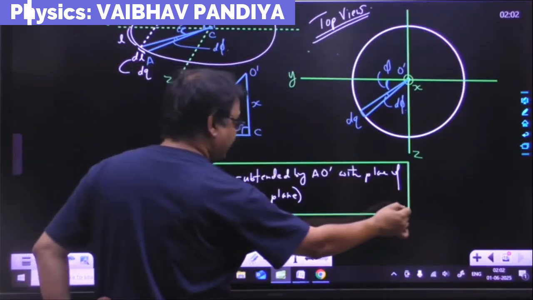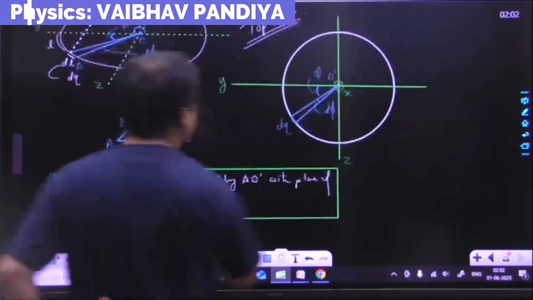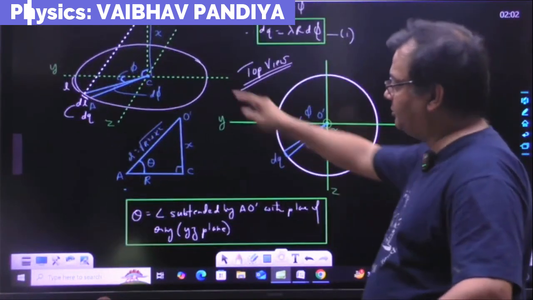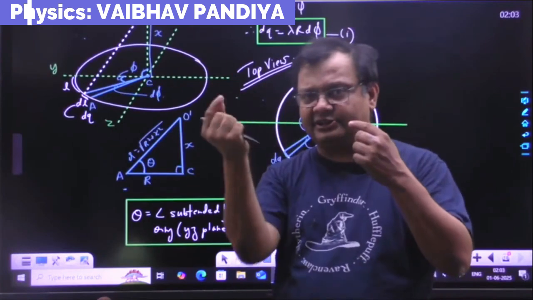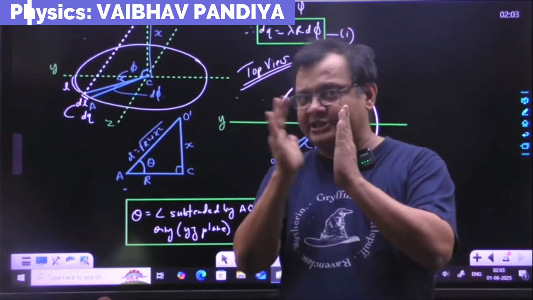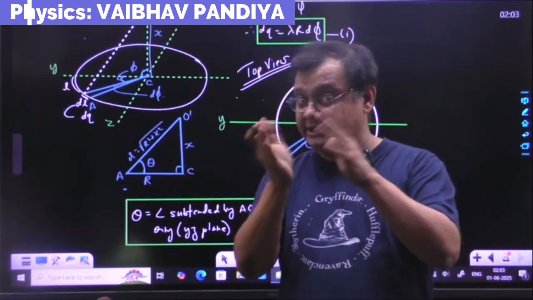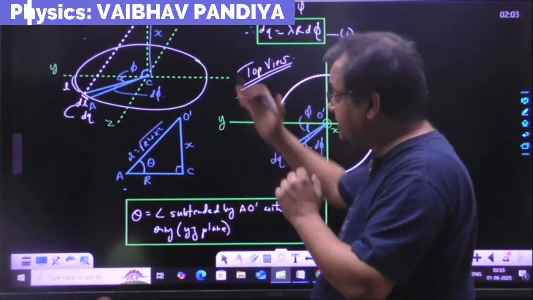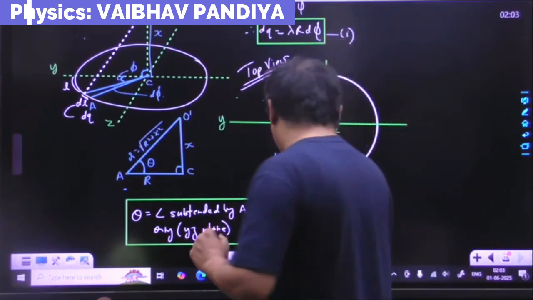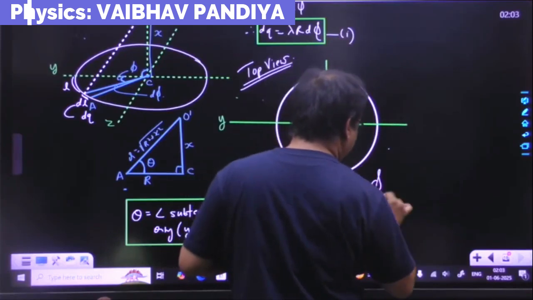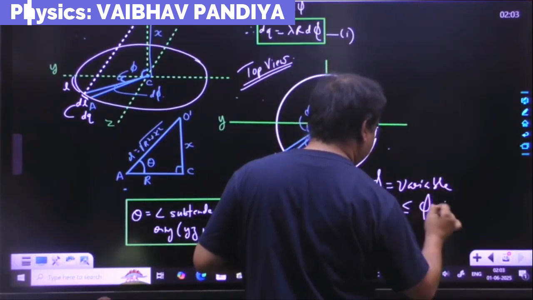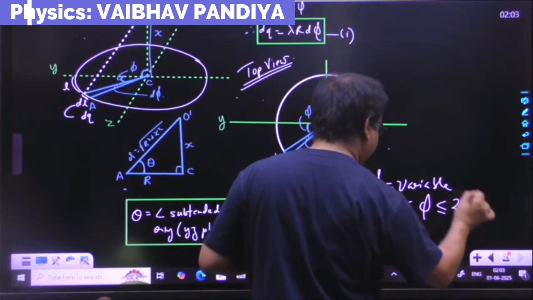And phi is the azimuthal angle. Now tell me one thing, as we did a little earlier, if your dq is changing, because there will be a tremendous number of dq, continuous in nature on the ring, then for each phi dq will change. As phi changes, dq changes. That means phi is a variable, your azimuth is a variable which will run between 0 and 2 pi.